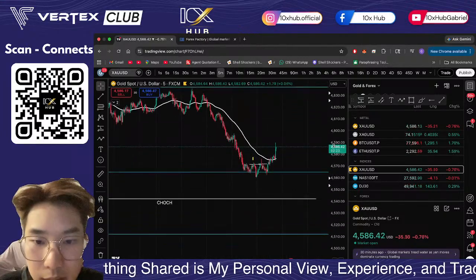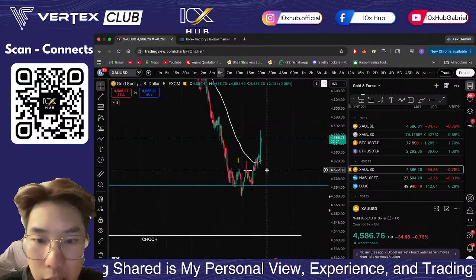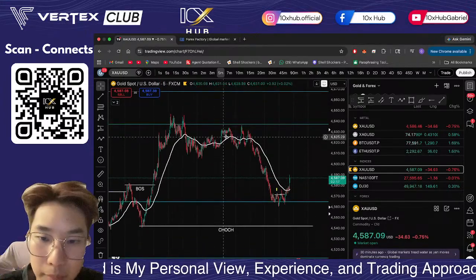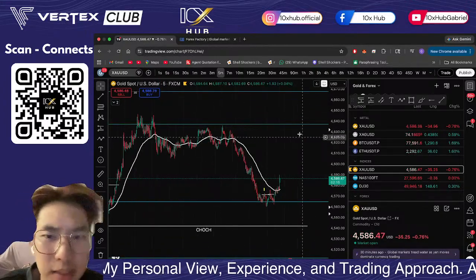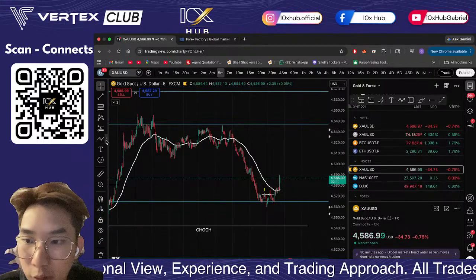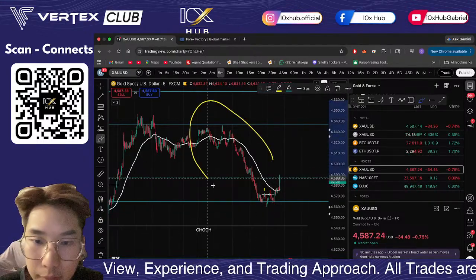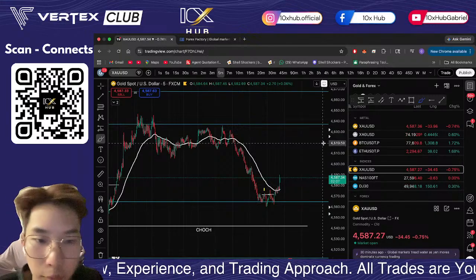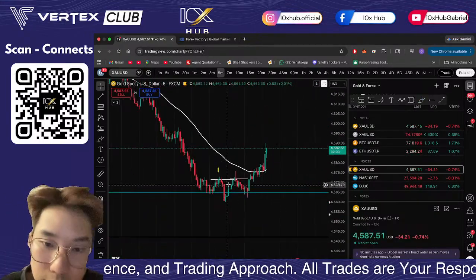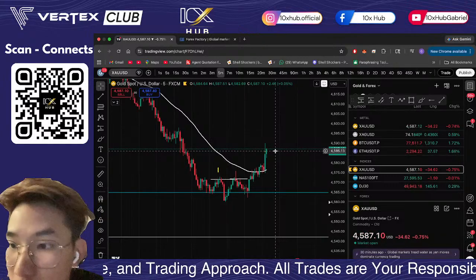The most important thing is this 5-minute will turn the trend from downtrend into uptrend, because currently 15-minute is uptrend, but 5-minute over here is downtrend. But right now, what I can see is it is slowly turning from downtrend into uptrend.